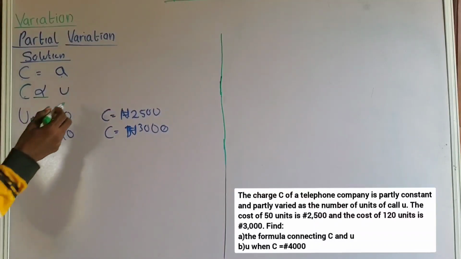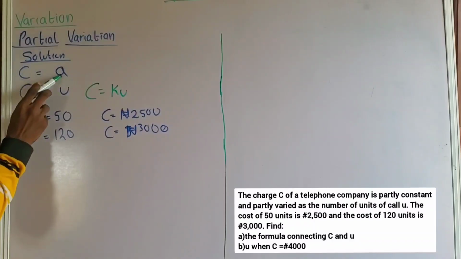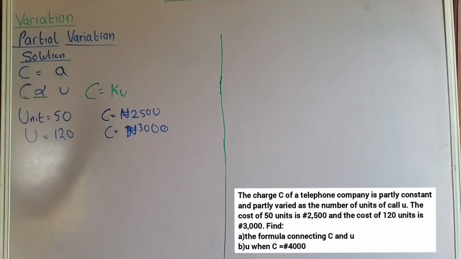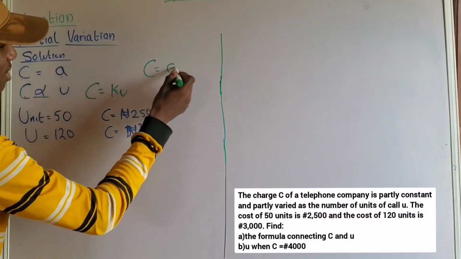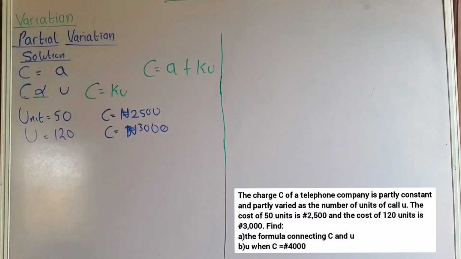So I'm going to have C equals KU. So C is partly constant and C partly varies as U. If I want to write a single expression for C, it's simple: C equals A, which is the constant, plus KU. Let me explain.